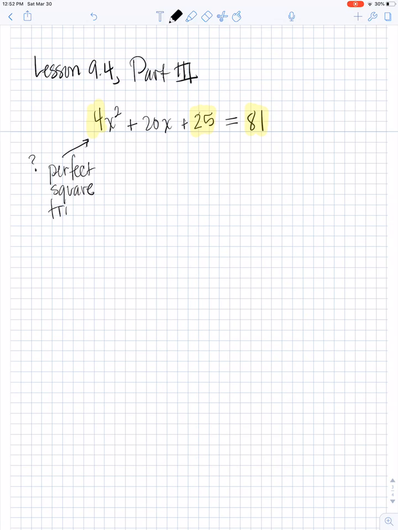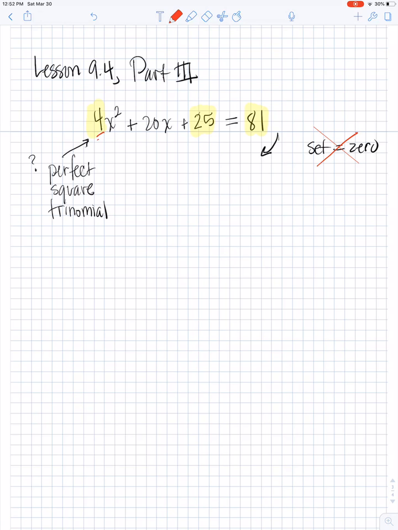If it is, I might not want to move this over and set it equal to 0, because there might be a faster way for us to proceed. We might be able to use the square root property of equality in a different way.